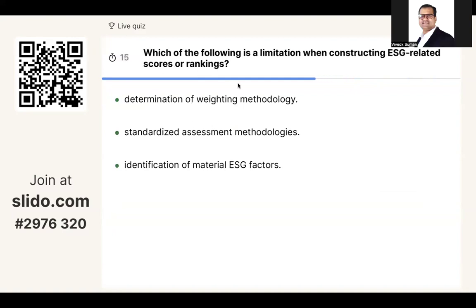Avinash ji. Which of the following is a limitation when constructing ESG-related scores or rankings? Determination of varying technology, standardized assessment methodologies, identification of material ESG factors.